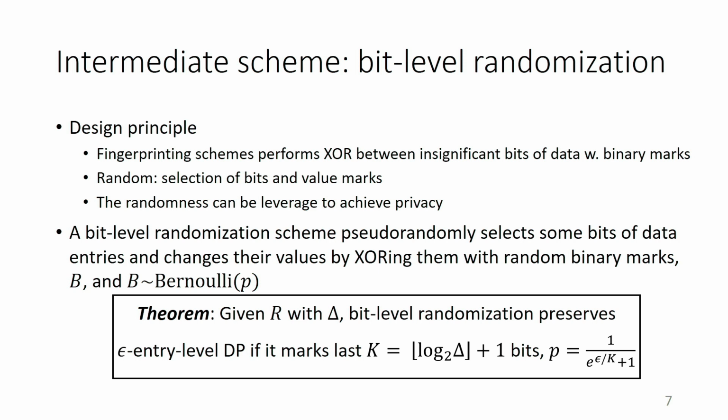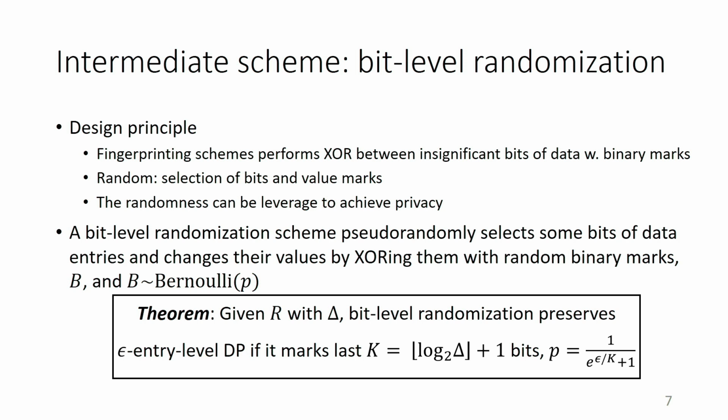And there are randomization steps in the fingerprinting methodology. So the selection of the bits and also the value of the binary marks are random. So that inspires us to leverage the randomness in the fingerprint insertion and to transform that randomness into a certain level of provable privacy guarantee.